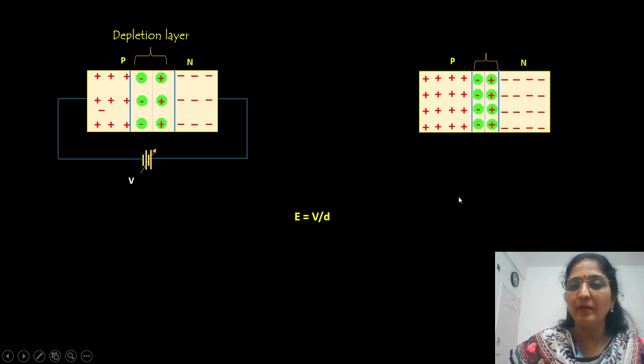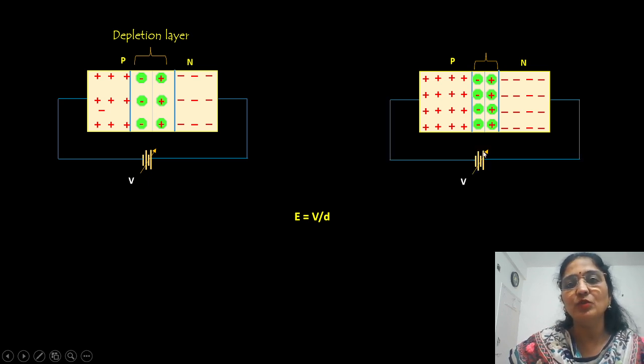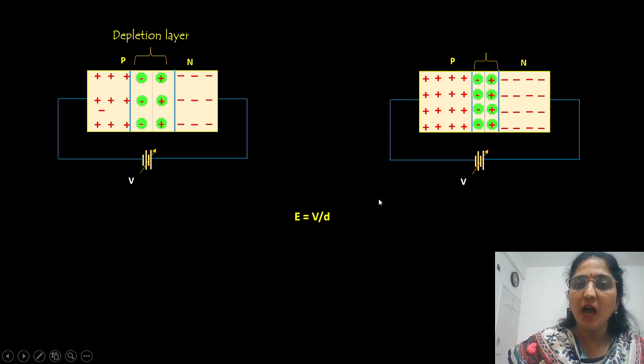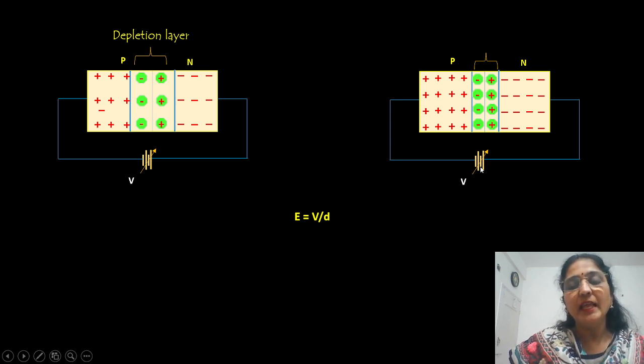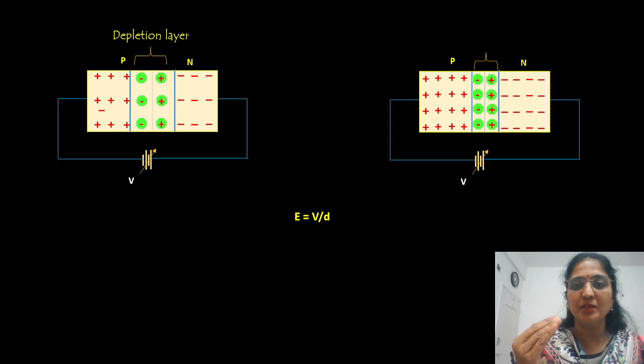When we apply reverse voltage to this Zener diode, what will happen? The electrons from the outer orbit are already in a high electric field, so they get energy from this source and go from the valence band to the conduction band.